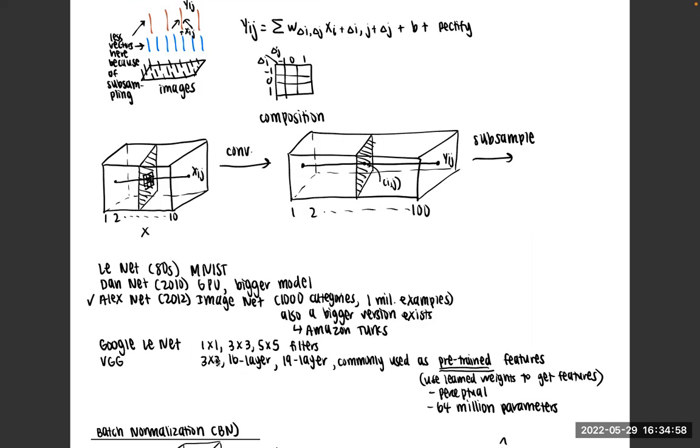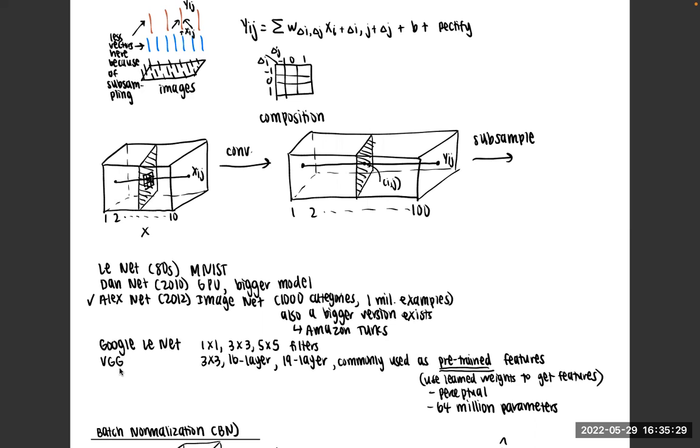There's no spatial extent, and then 3-by-3 filters like this one, and then 5-by-5 filters, and then concatenate them, combine those feature maps, and then keep going. This network was quite deep at that time, I think more than 20 layers. And later, this 1-by-1 convolution actually inspired the development of the residual net, as we shall discuss later on.